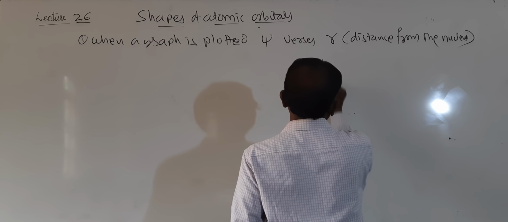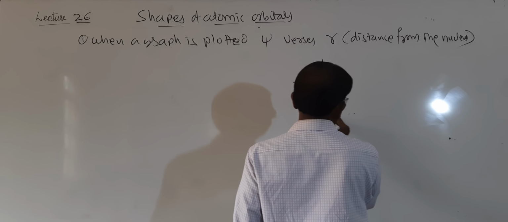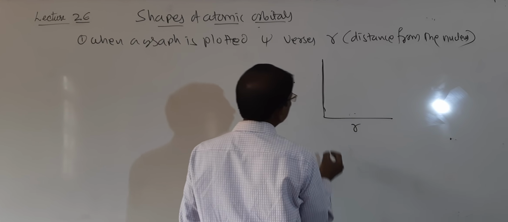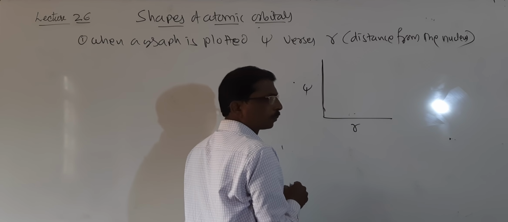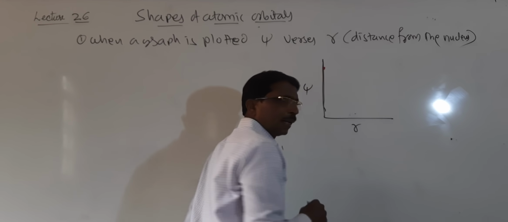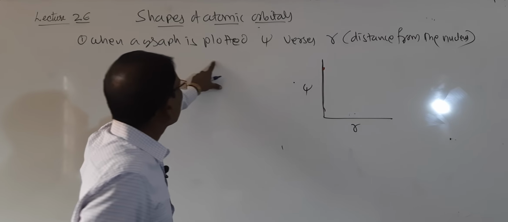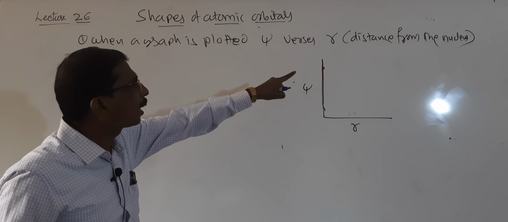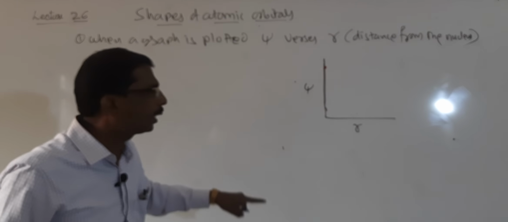Here it is r, here it is psi, and this is the 1s orbital.